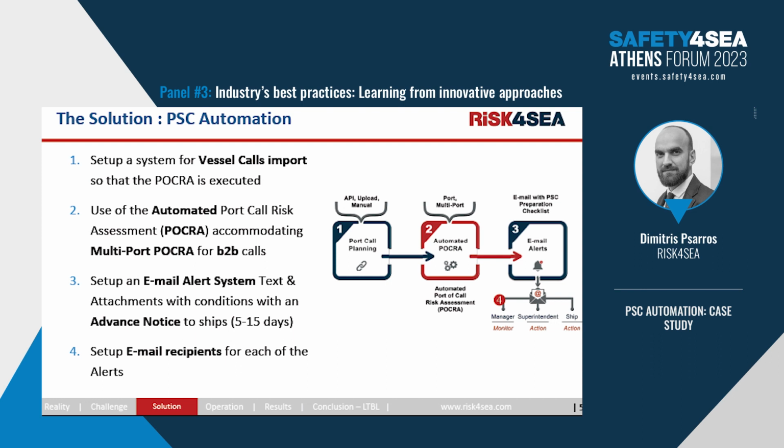After that, the system produces email alerts, 3 conditions, which we will explain later, and we can modify how many days in advance we need the system to notify the vessel or the recipients of the relevant emails. After that, we can set up the emails for up to 5 recipients per vessel.